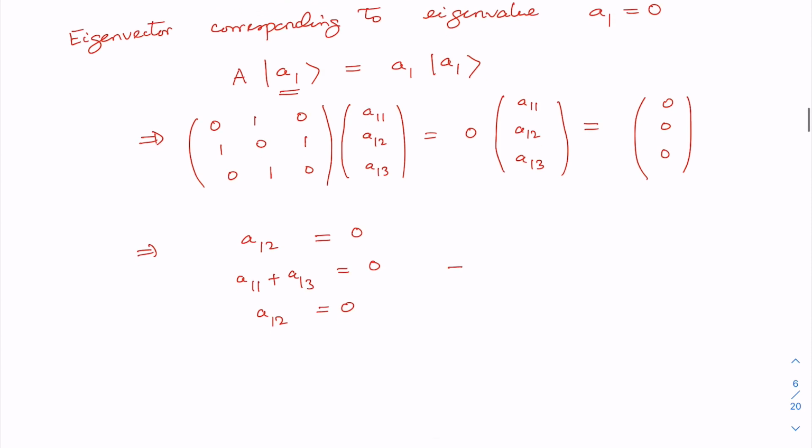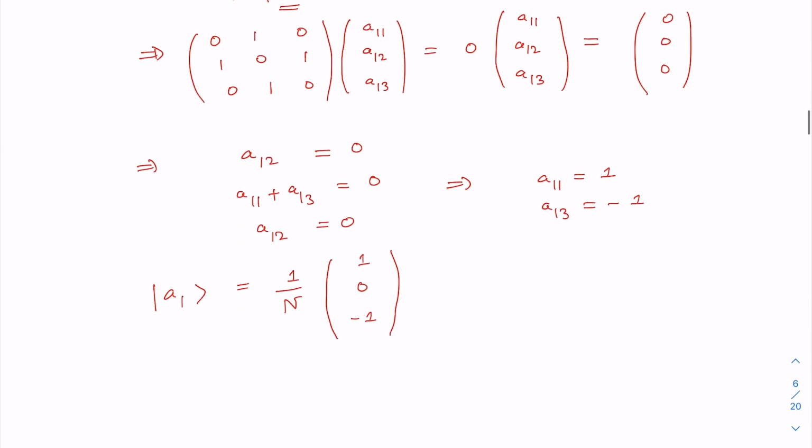So this implies that if I take A11 equal to 1, then A13 has to be equal to minus 1. So the column vector, ket A1, would be A11 equal to 1, A12 is 0, A13 is equal to minus 1, and say N is the normalization factor.